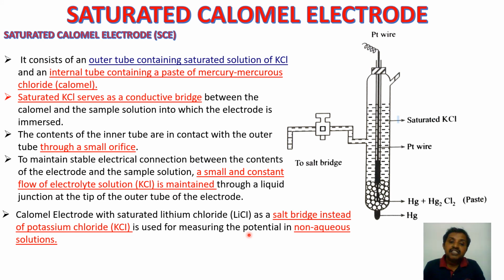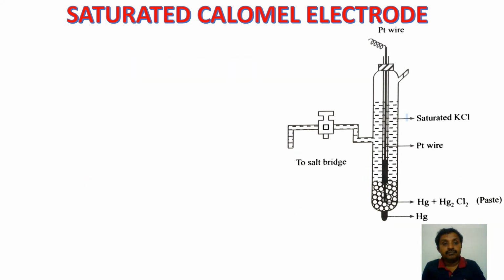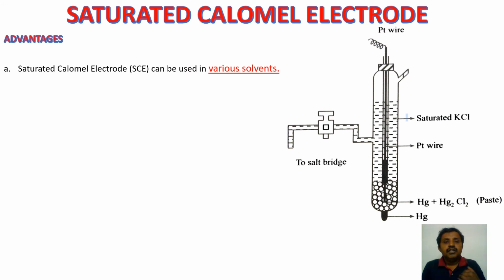Instead of using potassium chloride, we are using lithium chloride as a salt bridge. Now, advantages of the calomel electrode. The standard calomel electrode can be used in various solvents. It can be used over a wide pH range.